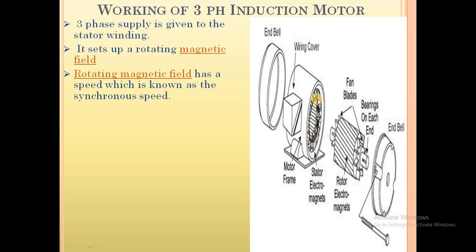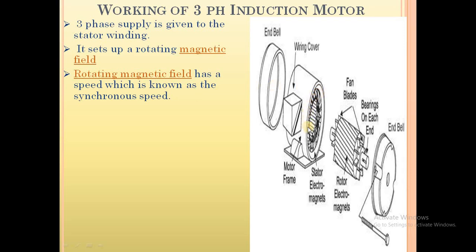As we know, when current is passed through a magnetic circuit, a magnetic field is produced. In this case there is a production of a rotating magnetic field, which revolves at a constant speed, known as the synchronous speed.